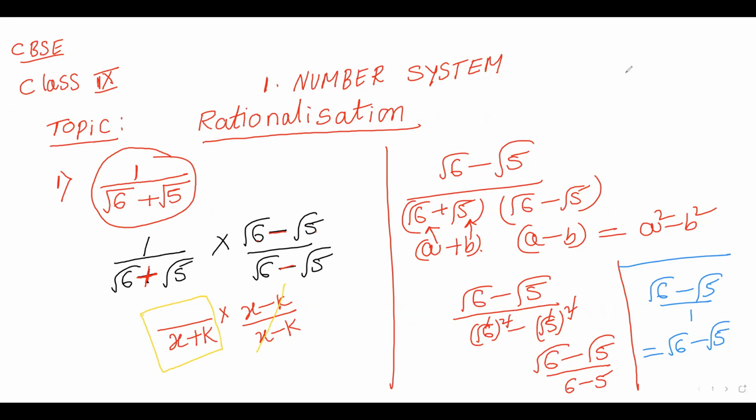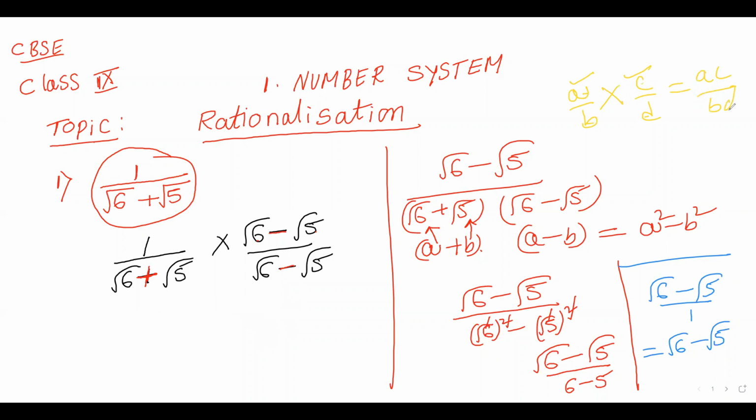Okay. So this is all about rationalizing factor, and in case of multiplication of fractions, you will be doing numerator into numerator, a into c, ac, b into d, bd. This is how fractions are multiplied.